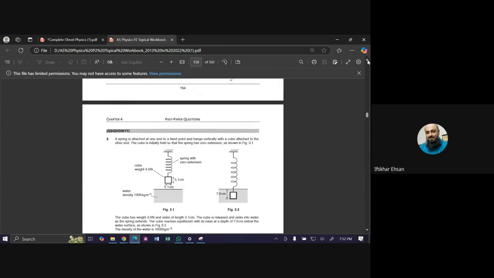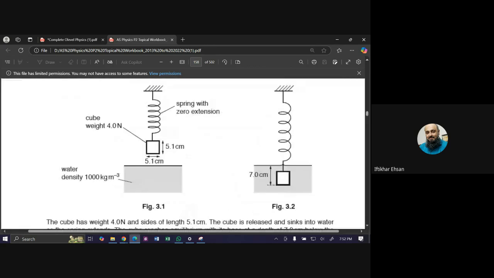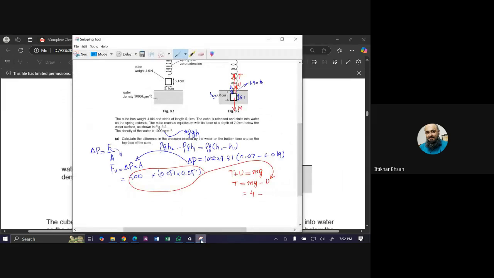Let me tell you. This is the height it is asking. This height he is asking for, right? And let me show on this. This is the height they are asking. So, beta, when the spring has reached this position, it has got some extension, right?